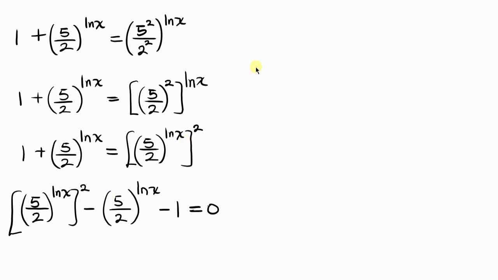Now we're going to be using the general formula to solve this. So our a from this quadratic equation is equal to 1, because that's the coefficient of what I have here. Then b is equal to negative 1, because that's the coefficient of what I have here. So I'm going to be putting negative 1 here. And c is also equal to negative 1. That's a constant term.